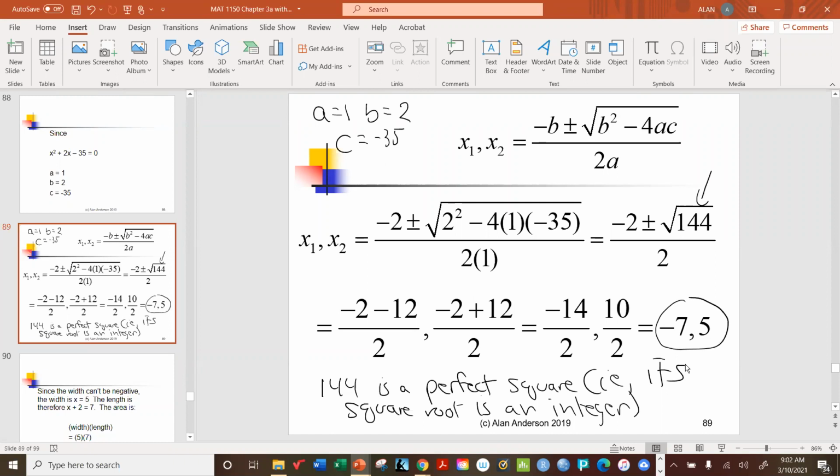And remember, this is a parabola. So there's a very strong chance it'll cross the x-axis with a negative value. There's just one problem, though. What is that problem?